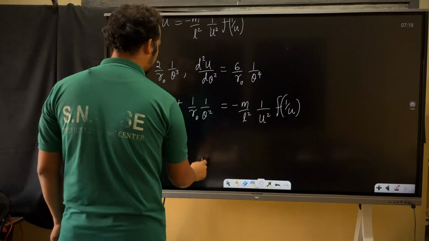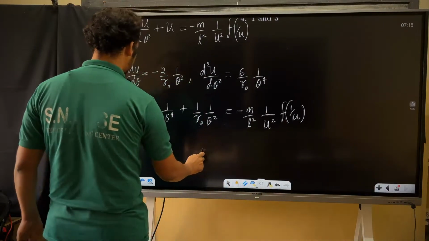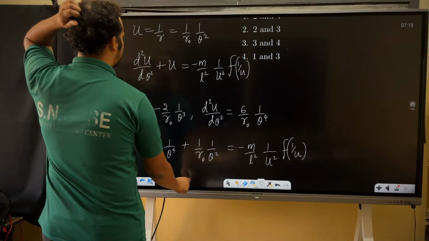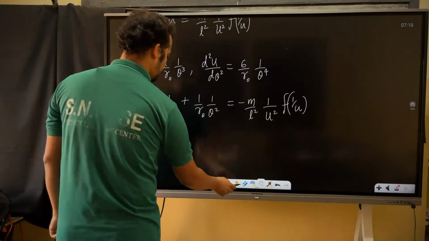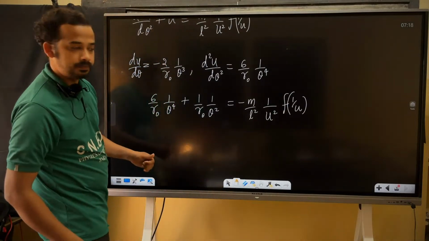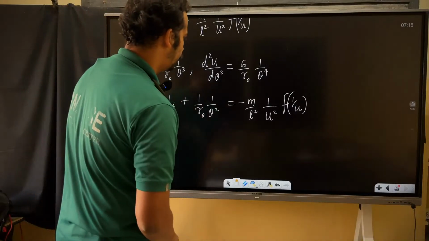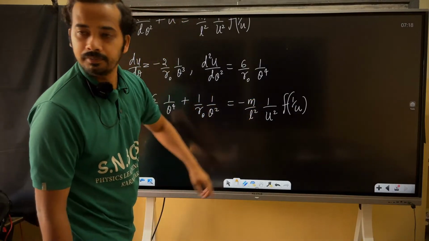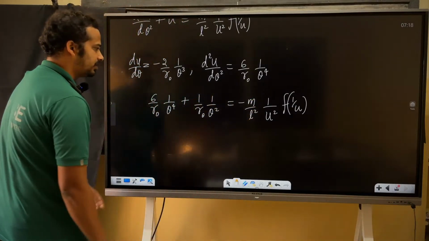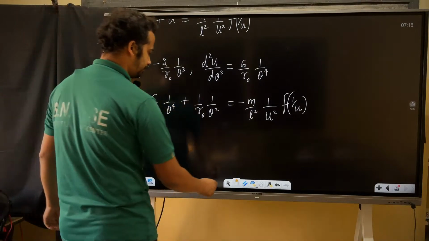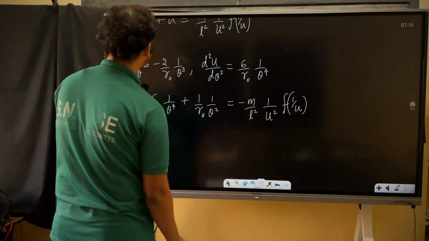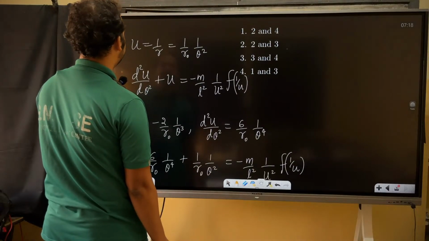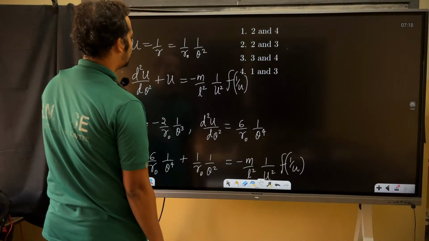Can you write these things in terms of u? That's better. 1 by r naught theta square.